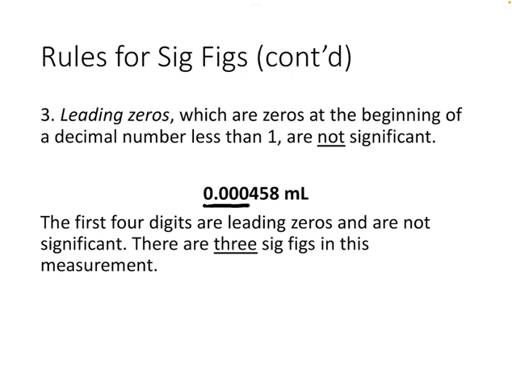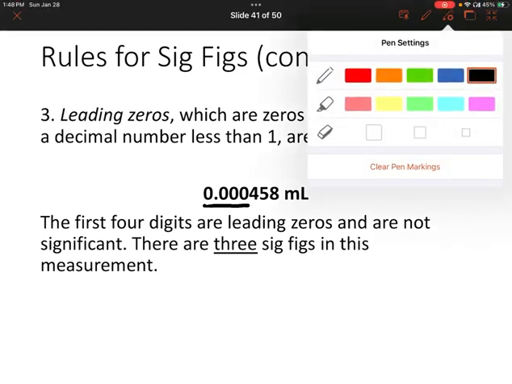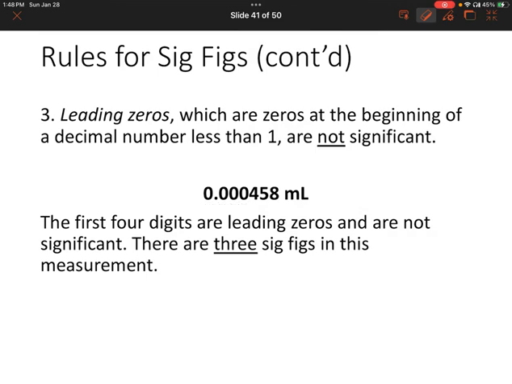Now, remember, we can express a really small number in scientific notation, right? So let's try to express this value, 0.000458, in scientific notation. All right, so I'm going to move this decimal over so that we can get a coefficient between 1 and 10 or equal to 1.